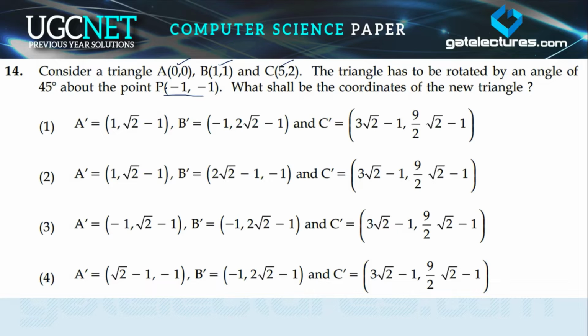So we have studied so many transformations. We have different types of transformations in computer graphics. I'm talking about three main transformations. The first one is translation, the second one is rotation, and the third one is scaling.